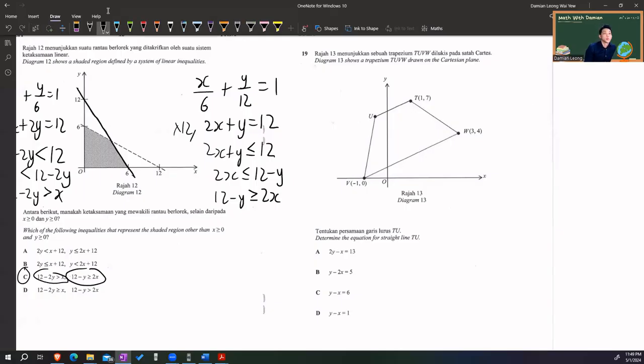So TU is this line. First I need the gradient. First thing I need is the gradient.